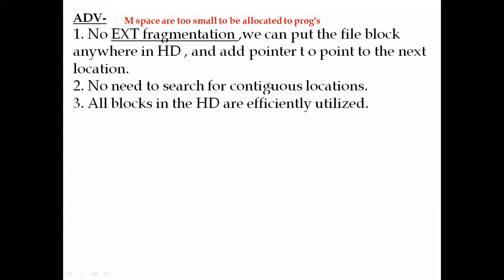Why? Because wherever you find the empty disk blocks, there we can store the information of the files, and by simply attaching a pointer whose function is to point to the address of the next disk block, you can implement this linked allocation. Hence, no need to search for contiguous locations on the hard disk.